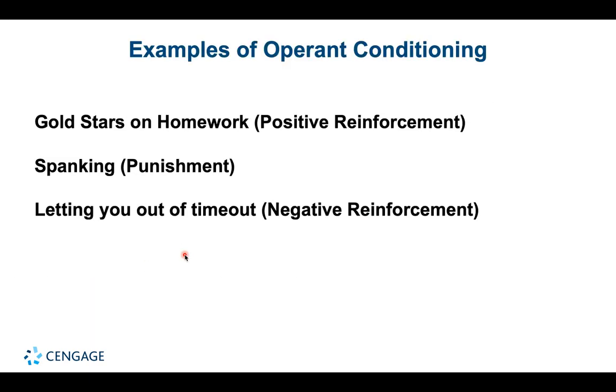So some other examples of operant conditioning are like gold stars on your homework. That's what we call positive reinforcement. Spanking, which is a form of punishment. And timeout, and then letting you out of timeout, which is a negative reinforcement. We're not going to go into these details here. They're not super relevant for this class.